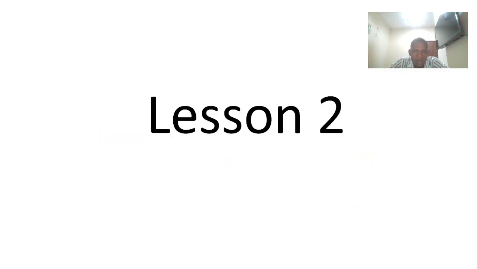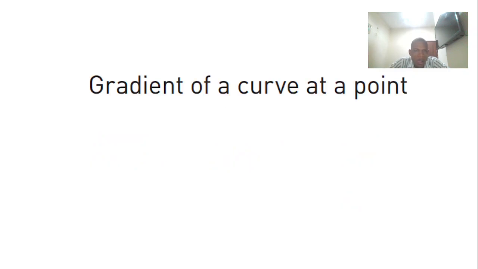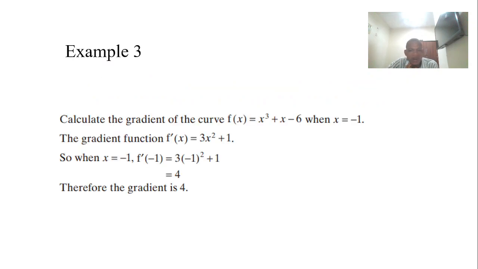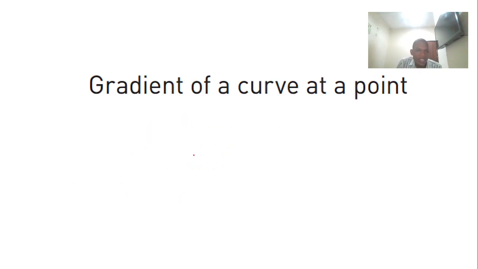All right, now lesson 2. Now let's look at how to find the gradient of a curve at a point. Basically, what is the meaning of gradient? You have learned gradient before. Gradient means slope. Now this dy over dx that we are talking about is the gradient.